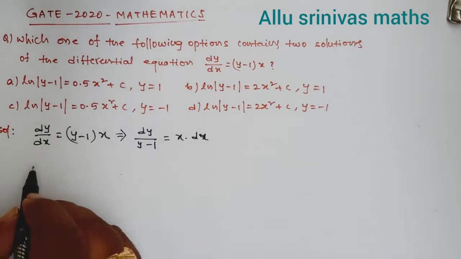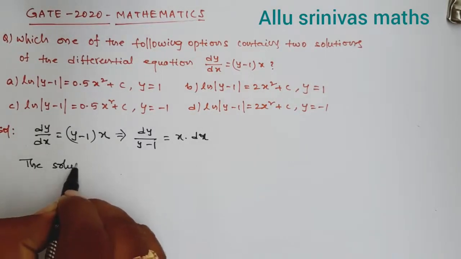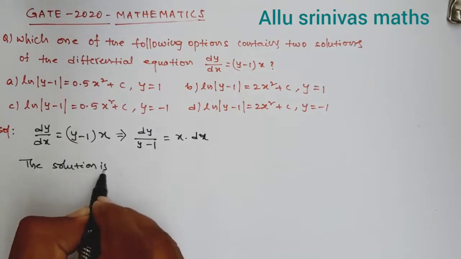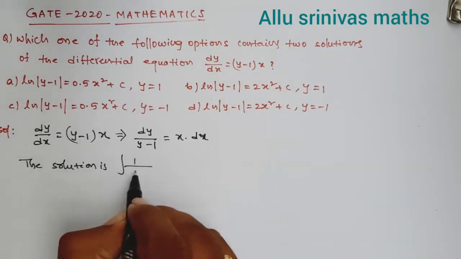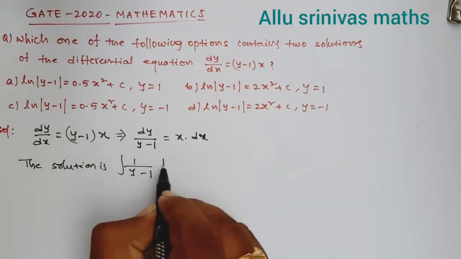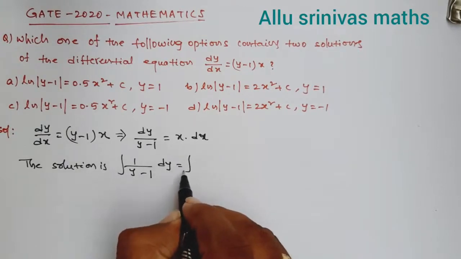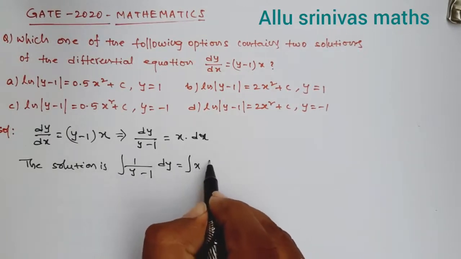So the solution is the integral of 1/(y - 1) dy equal to the integral of x dx.